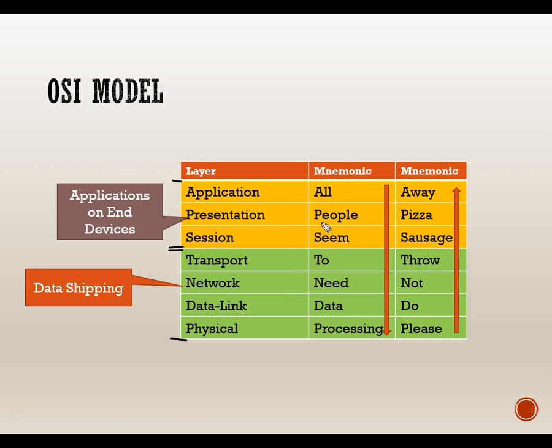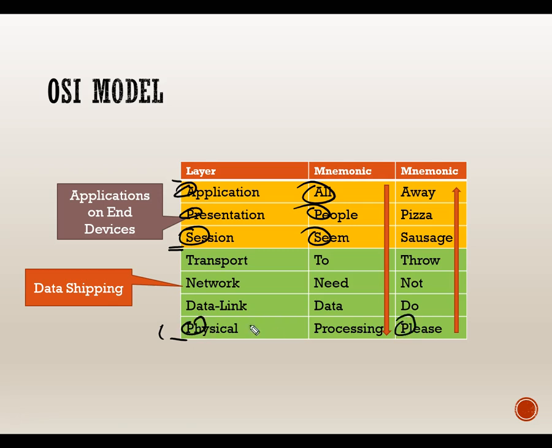Mnemonic on how to remember these things from the top to the bottom: All People Seem To Need Data Processing, which is the first letter of each of these layers. This is one that it took me a long time to memorize, and I don't know why. I just had a block. But the one that I could remember was from layer 1, the physical layer, up: Please Do Not Throw Sausage Pizza Away.